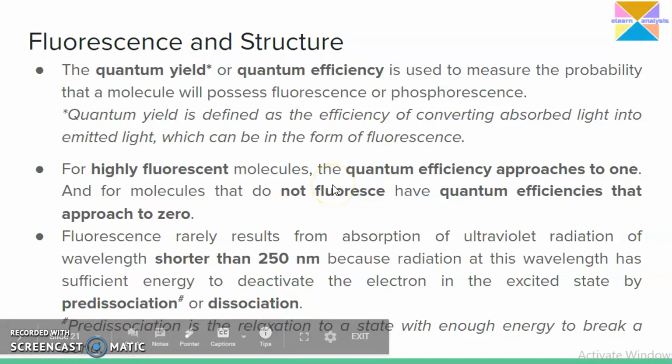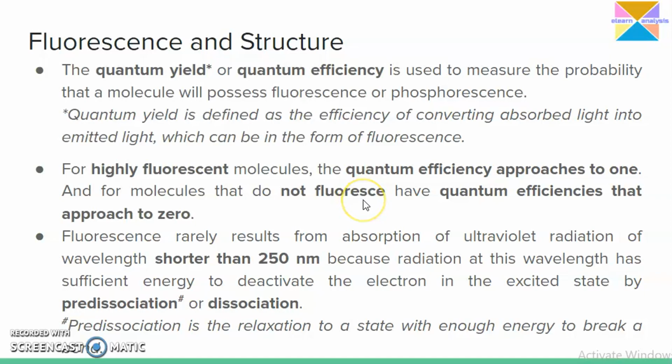Fluorescence rarely results from the absorption of UV visible radiation at wavelengths as short as 250 nanometer, because the radiation at this wavelength is so high in energy that it deactivates the electron in the excited state just by pre-dissociation.